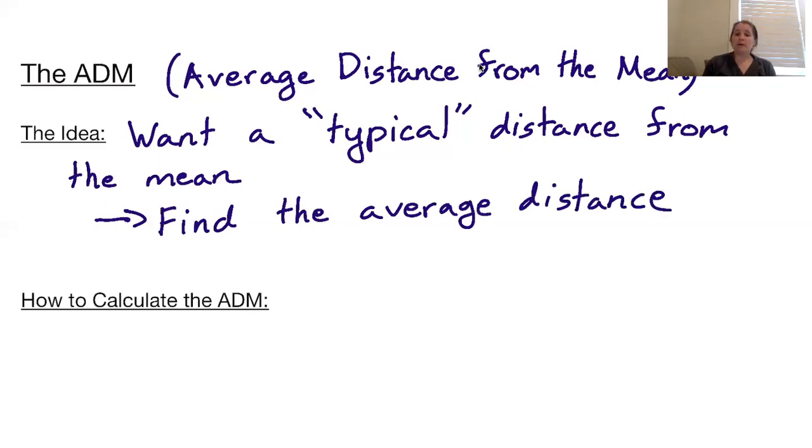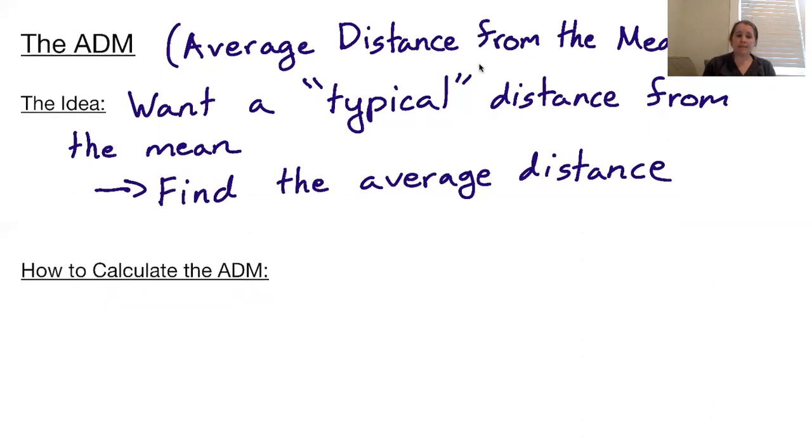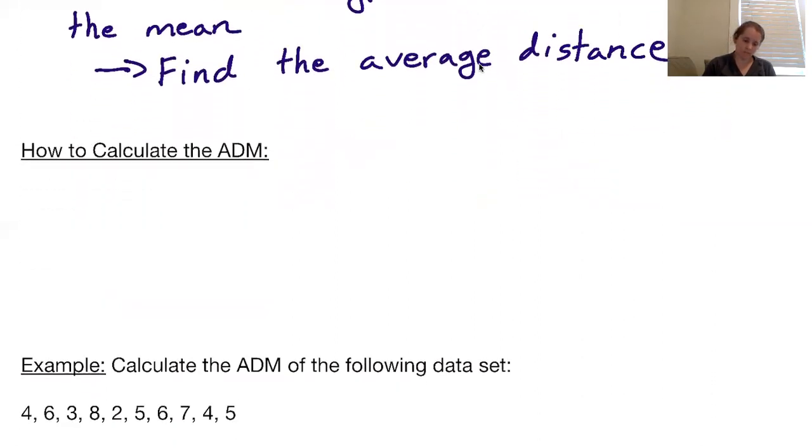So the way we go about calculating the ADM, we have, say, our dot plot.